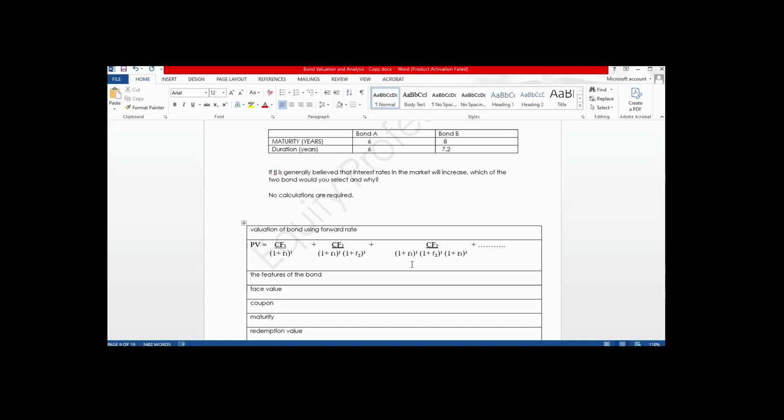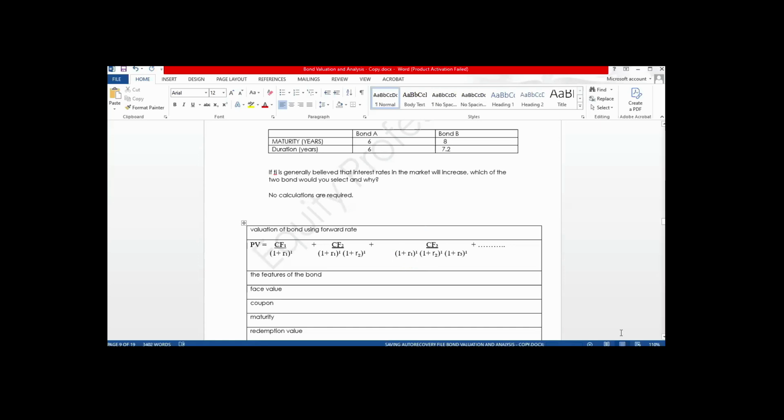The year 1 rate will be carried forward to year 2, in addition to year 2 rate. When we get to year 3, year 1, year 2, and year 3 rates will all be used. This is the approach with valuation of bond using forward rates of interest.